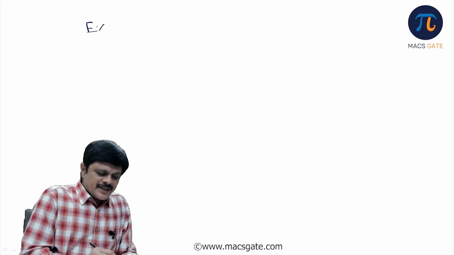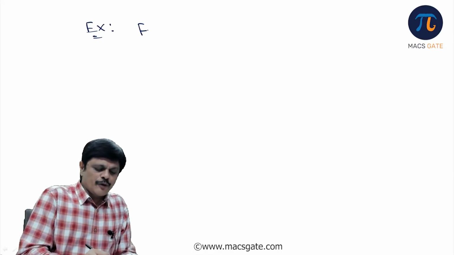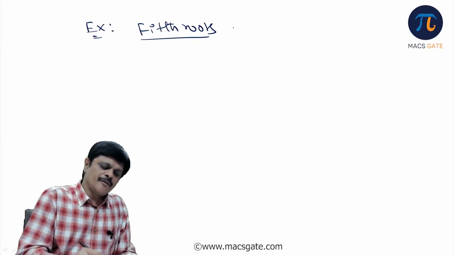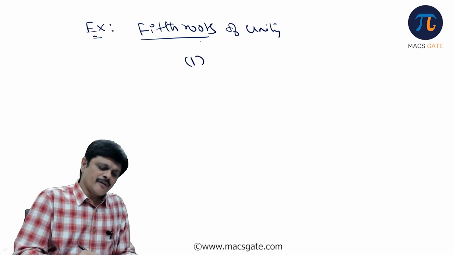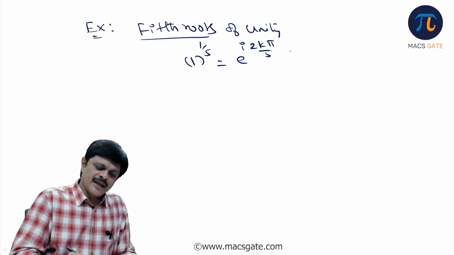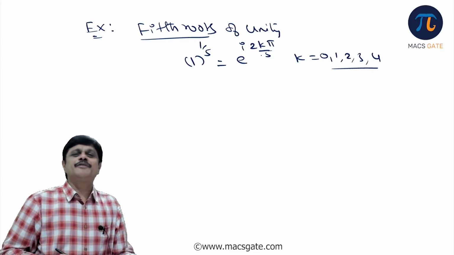Not only cube roots, please remember this. Suppose you want to find the fifth roots of unity. It is 1^(1/5), which is nothing but e^(i2kπ/5). I am not completely solving it, just trying to tell you. For k equal to 0, 1, 2, 3, 4, we get the fifth roots.